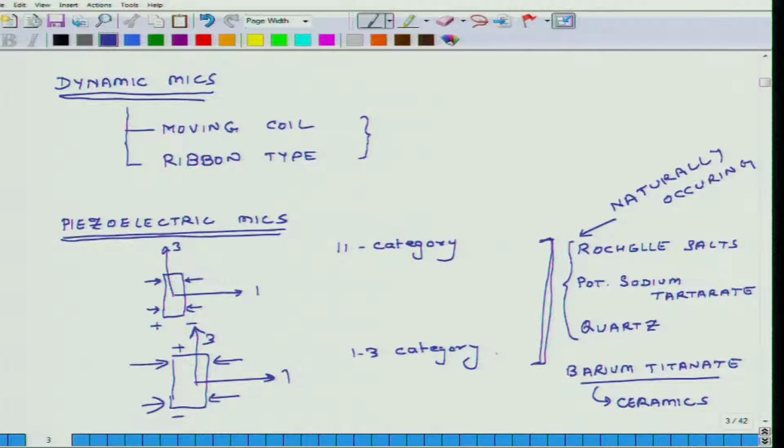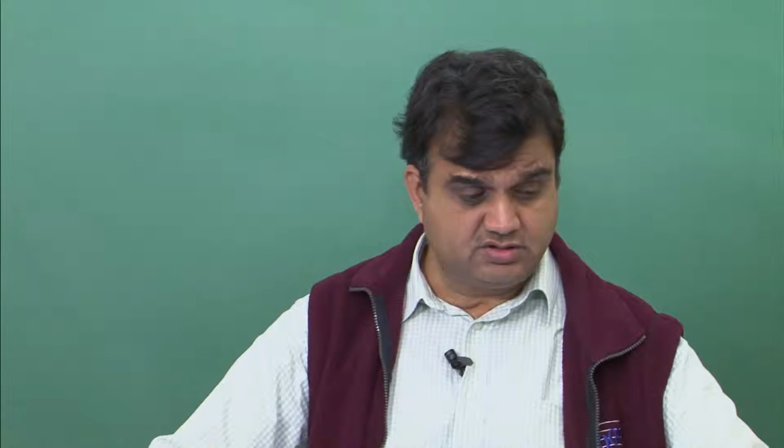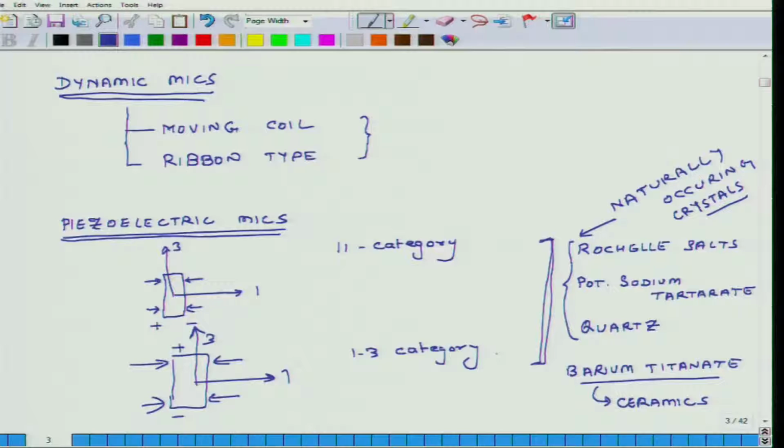You can actually synthesize these materials in the lab. So you have naturally occurring crystals, or you can have synthesized materials, a lot of them belonging to the ceramic category, and you can use these to design microphones which meet your needs.